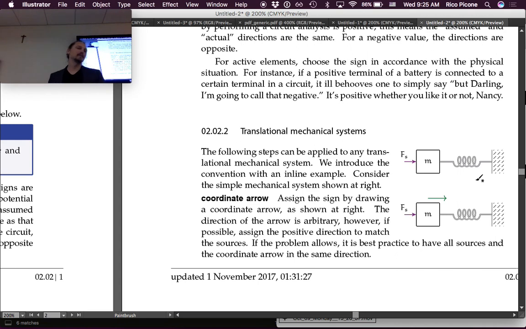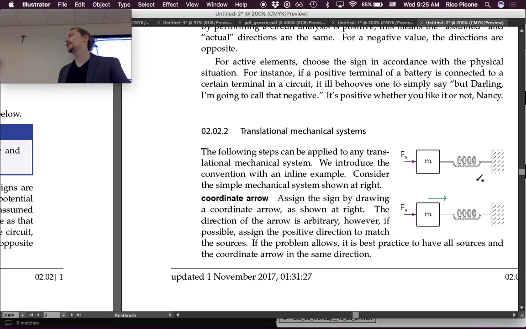And you just can't do anything about it because you can't choose a coordinate arrow that's in the direction of all the sources because they're pointing in opposite directions. But oftentimes we can assign what direction positive is for the sources, and especially in a mechanical system.